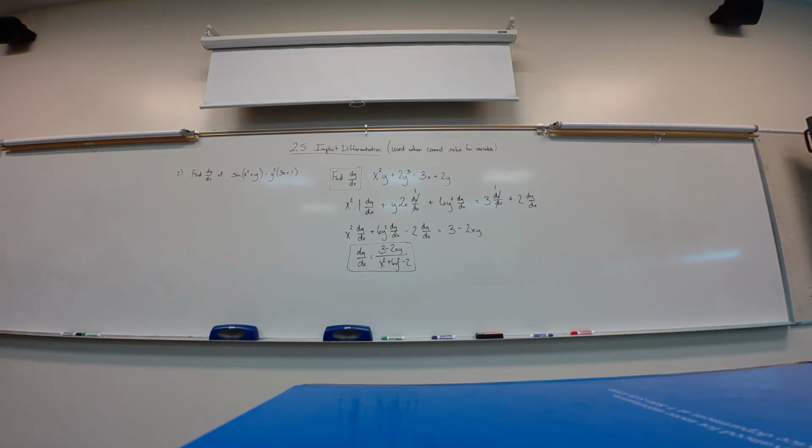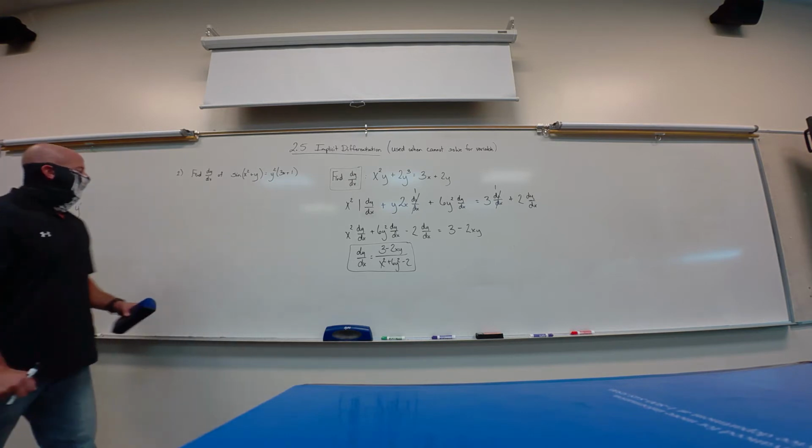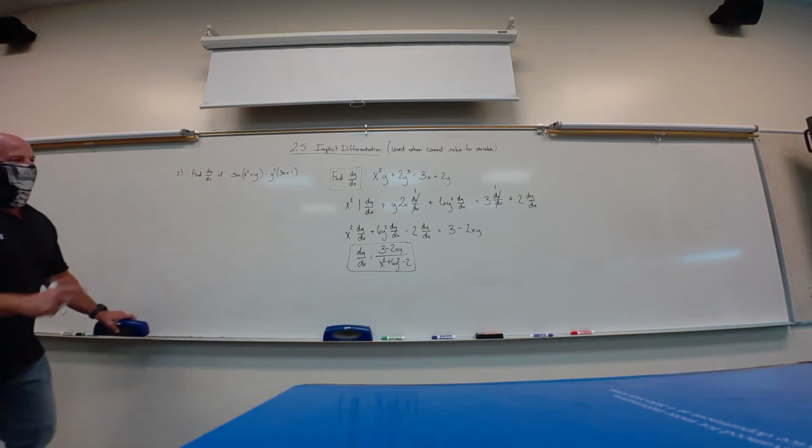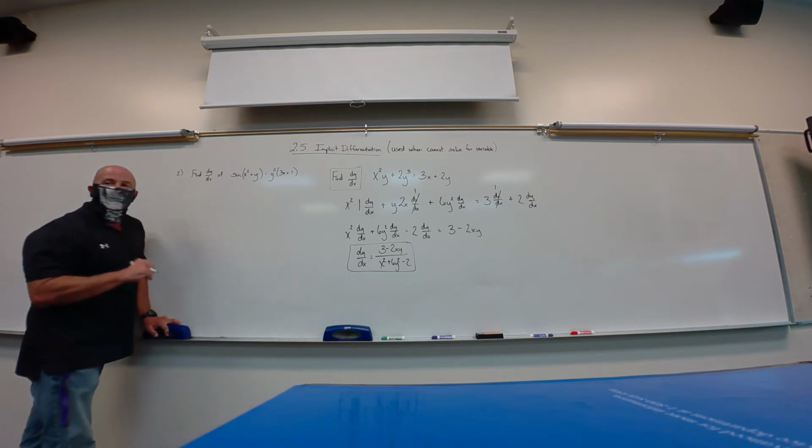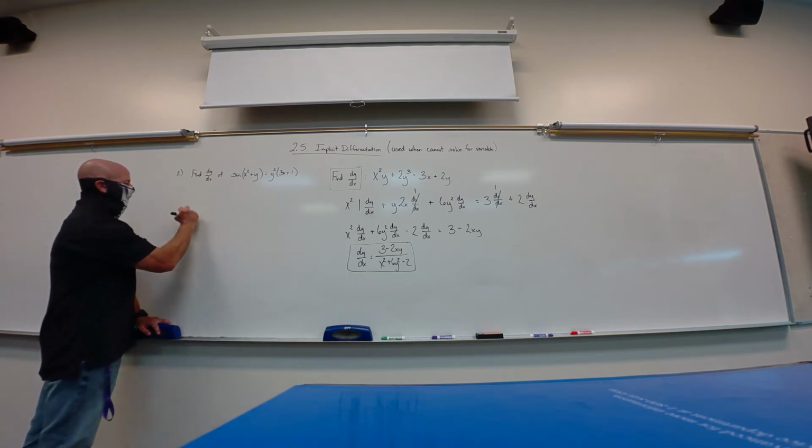Is there an easier way to write dy/dx? Is there a variable that stands for it? You can use y prime. The reason I don't is I start thinking those are y to the first. You will see the book do that. So if I were to write out this other one, instead of using dy/dx, I did y prime, it would look like this.